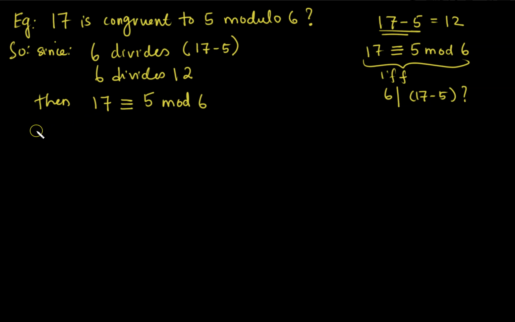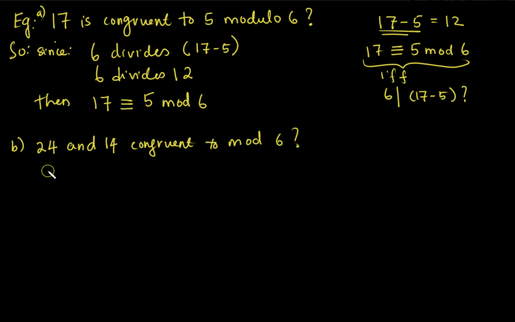Okay, so let's call that the first one, and now let's talk about 24. Are 24 and 14 congruent mod 6? Let's take a look. 24 minus 14 equals 10. So you see it is not divisible by 6.